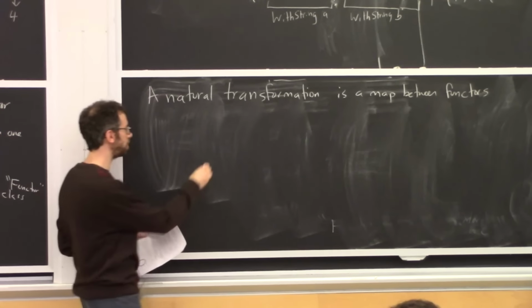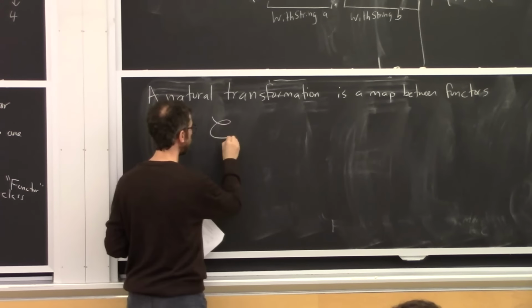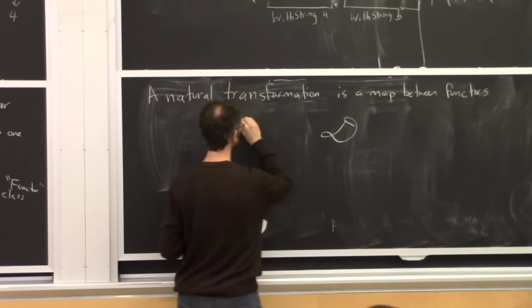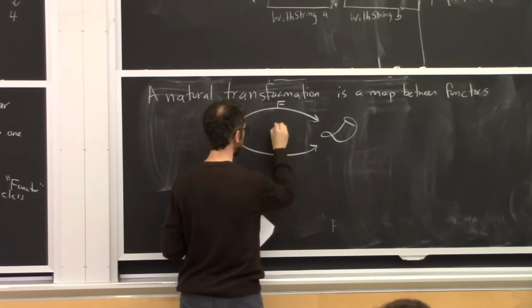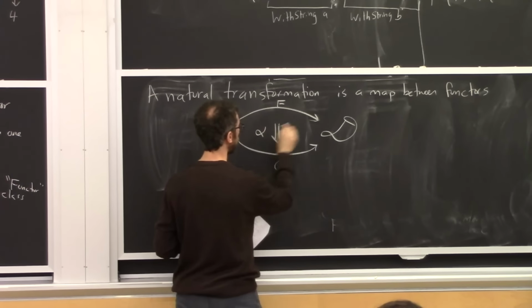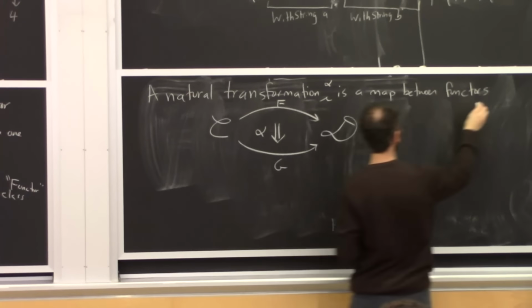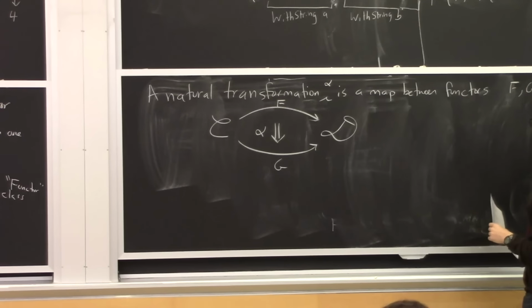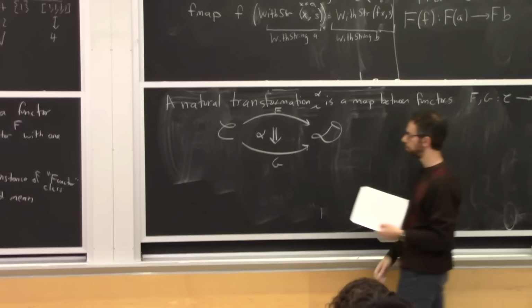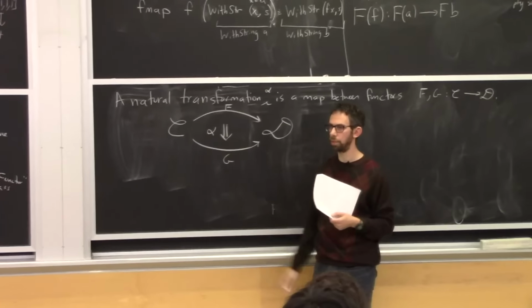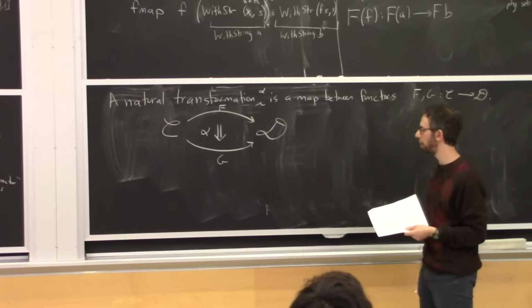Just like maps and maps and maps everywhere. But basically, you have C and you have D. And you have these two functors, F and G. And the way people will draw this is like that. It goes from this one to this one. And the natural transformation is named alpha.